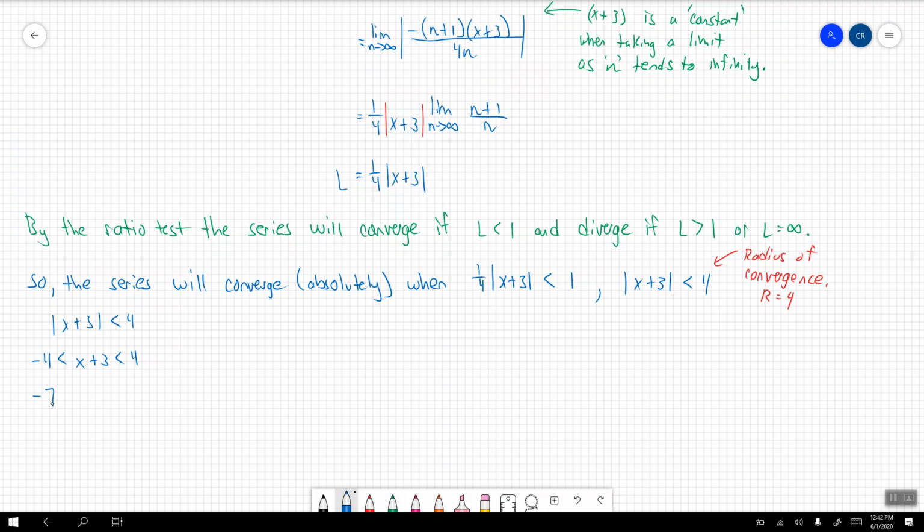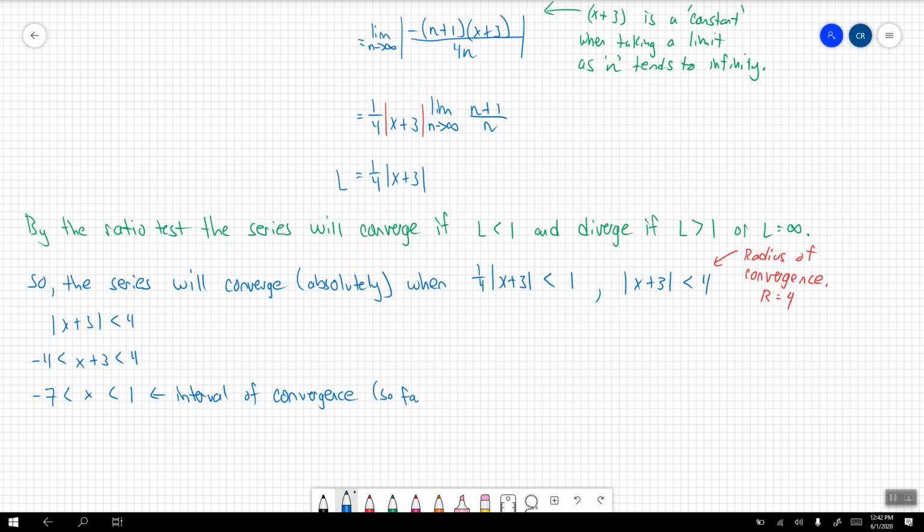So subtracting 3 gets us negative 7 less than x less than 1. There we are. So this is the interval of convergence.